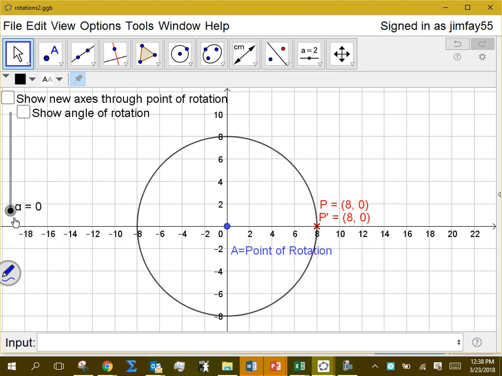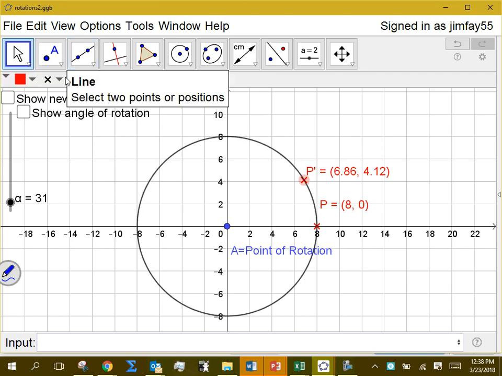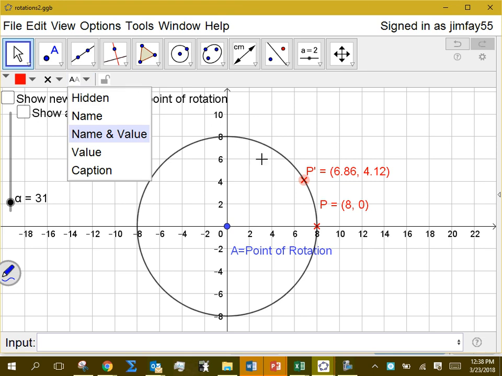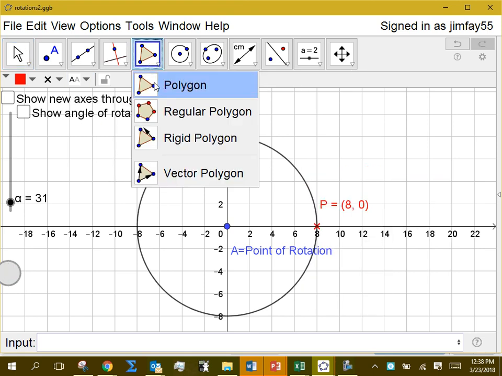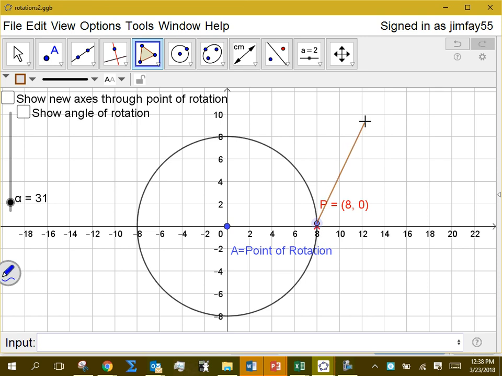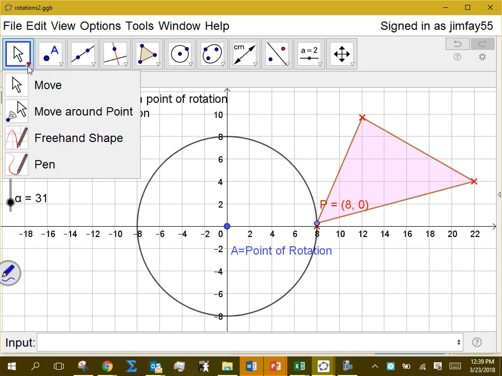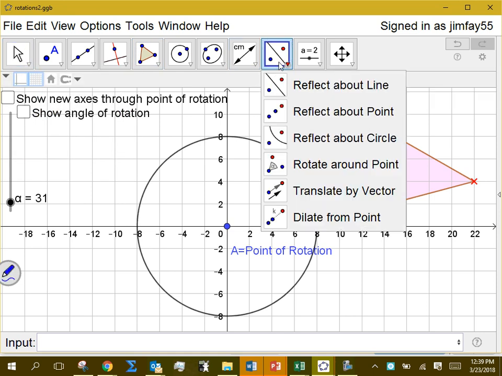Now, the logic is, let me just hide this point real quick. Rotate.